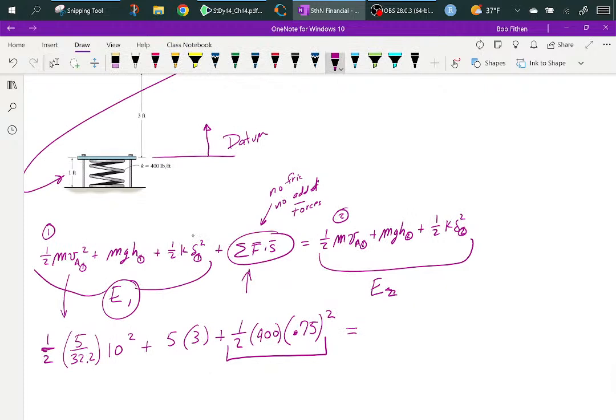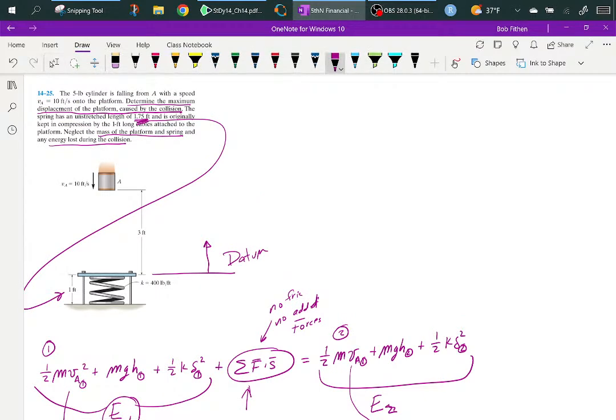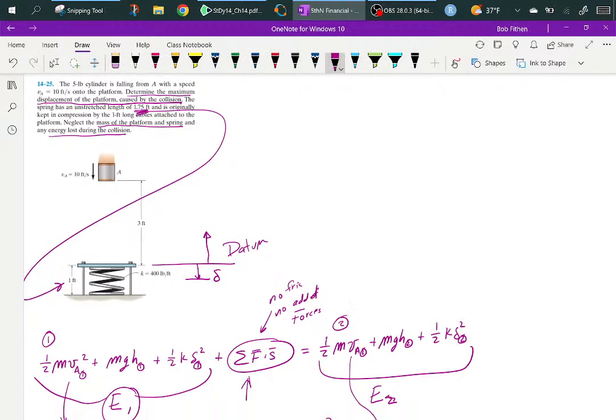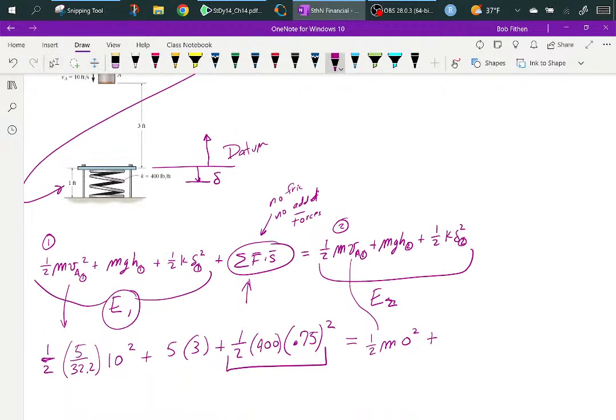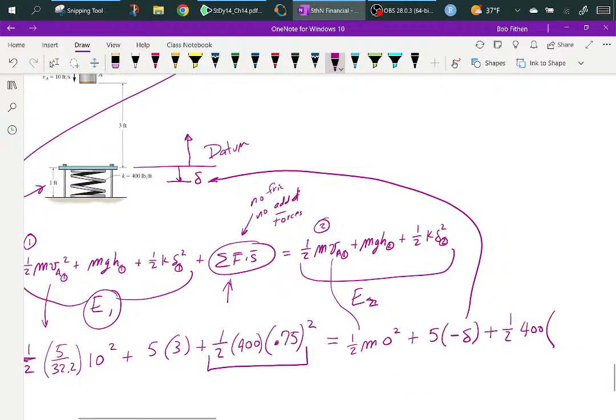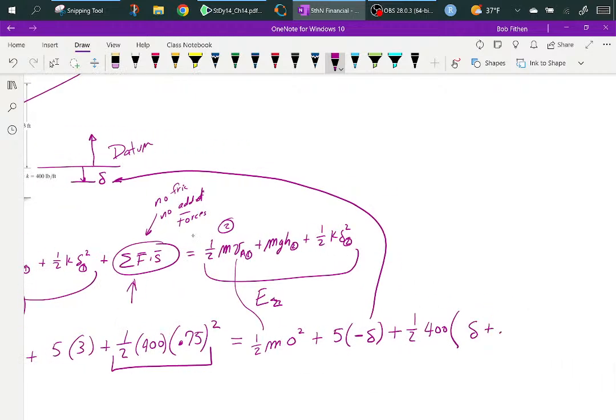Then the final state will be there is no velocity, 0 squared. MGH, now this time there's going to be a slight compression here, which from the datum standpoint is going to be the weight of the thing times this time minus delta, because it's below the datum, and then 1/2 K, which is 400, and now the compression is delta plus 0.75.